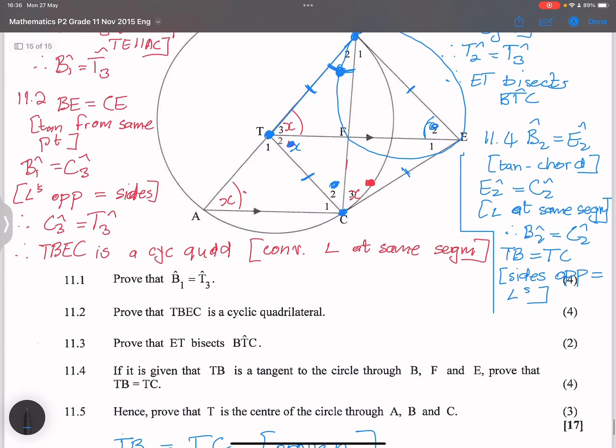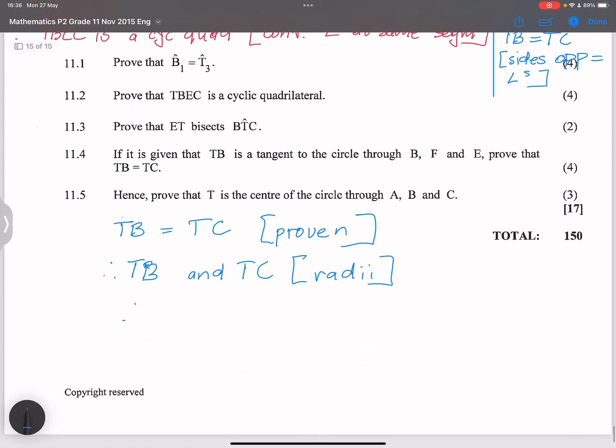And so therefore it means that T is the center. Right. Because they are sides from the same point to the circumference.